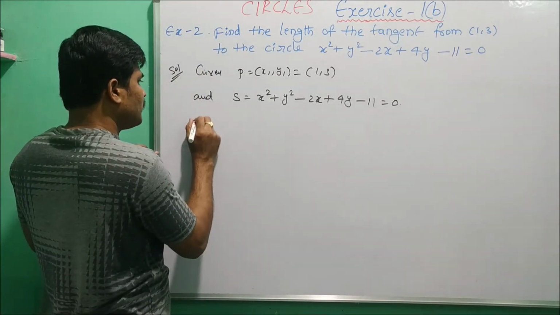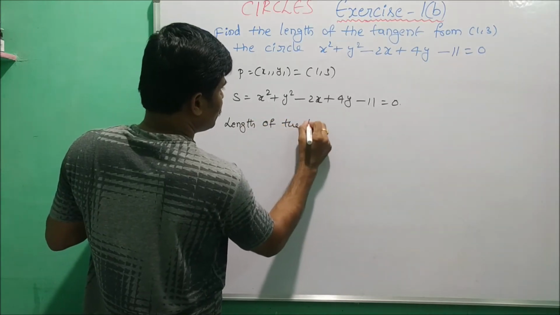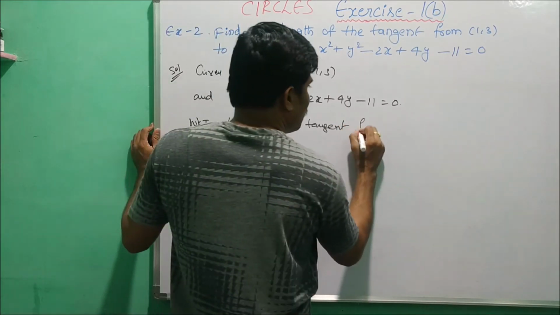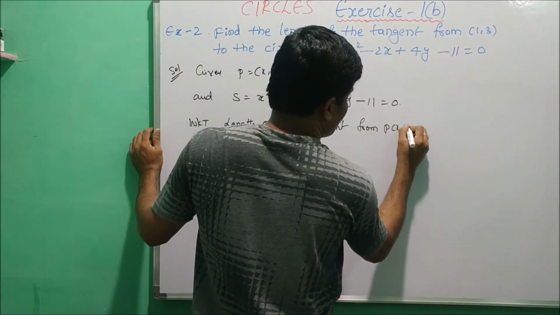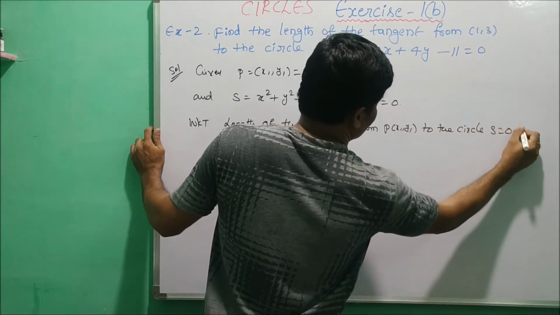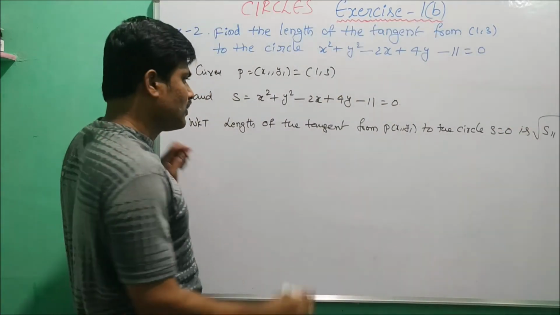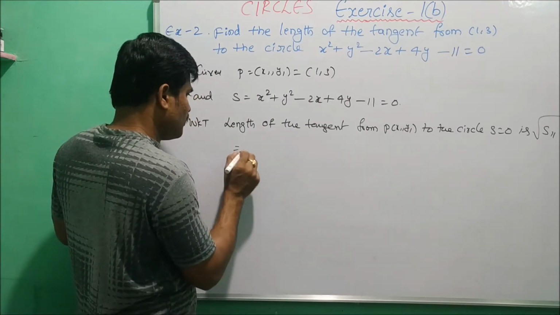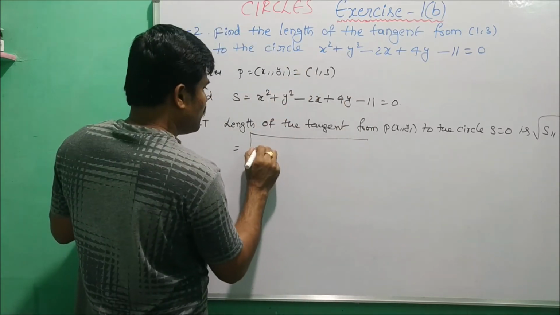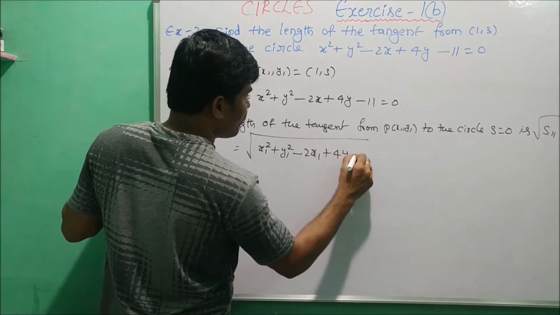We know that the length of the tangent from P x1 y1 to the circle s equal 0 is square root of s11, that is square root of x1 square plus y1 square minus 2x1 plus 4y1 minus 11.